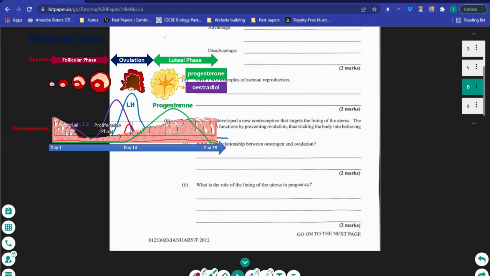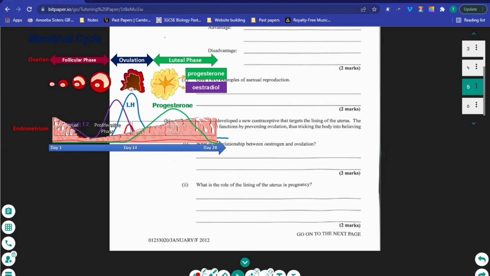So 1, what is the relationship between estrogen and ovulation? If you can remember the different hormones associated with the menstrual cycle, we have FSH, which is follicle stimulating hormone, LH, which is luteinizing hormone, estrogen, and progesterone.